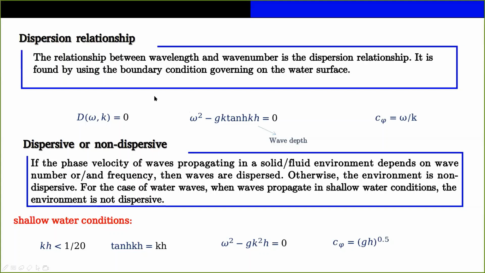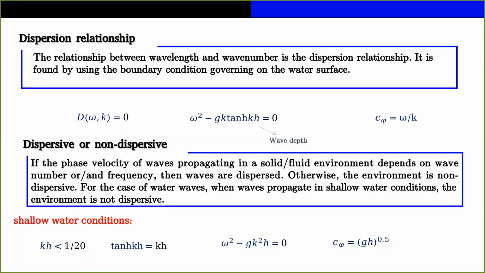But let's think about something again a little bit more important, and that's dispersive. We call an environment dispersive or non-dispersive, depending on different situations. When waves are propagating in any fluid or solid environment, and the phase speed is a function of the wave frequency or wave number, the environment is dispersive.